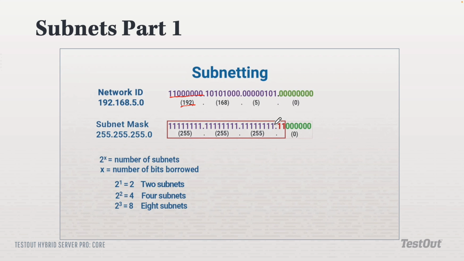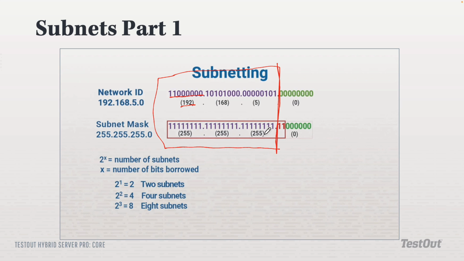The delineation for our network stops here, okay? So the 255.0 means that this portion right here is reserved for our network, okay?